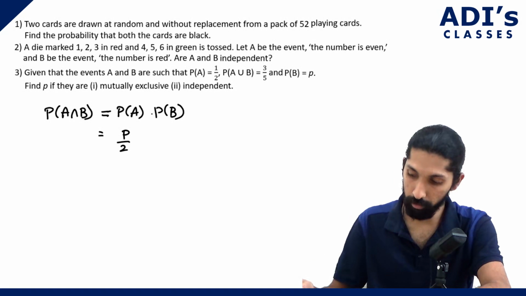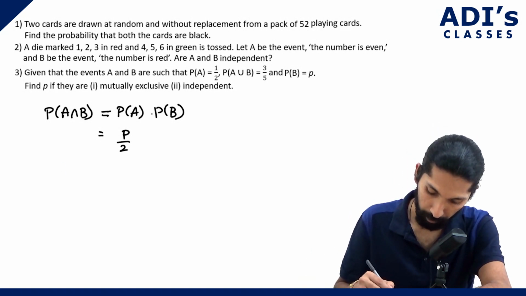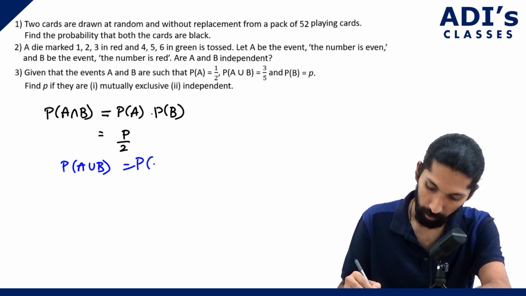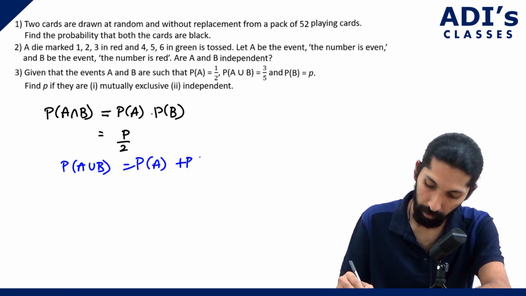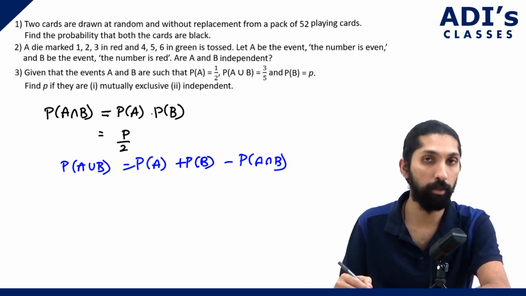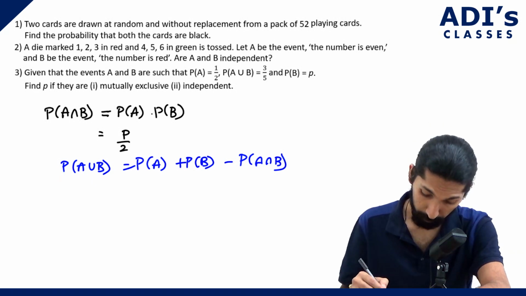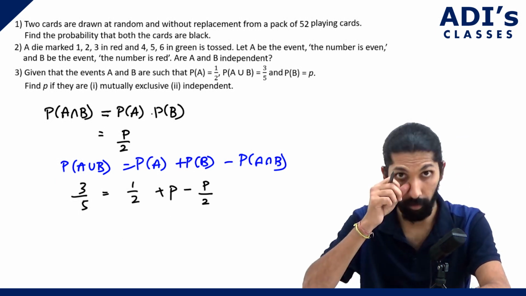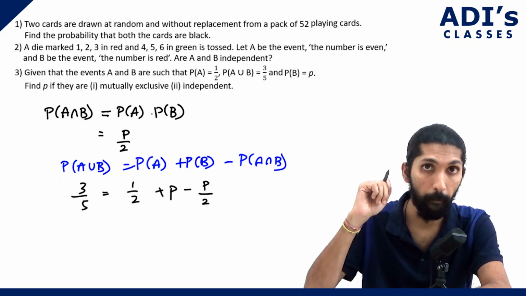Again, we are going to use the same formula, that is P of A union B is P of A plus P of B minus P of A intersection B. We'll make use of the same formula, no change. Substitute 3 by 5, half plus P minus P by 2, because A intersection B is P by 2.